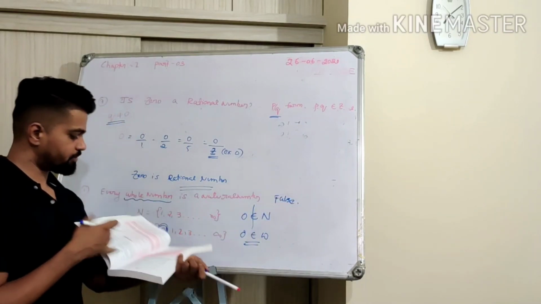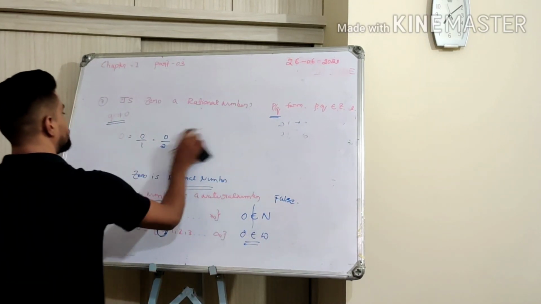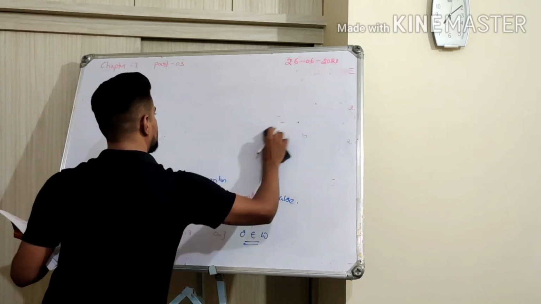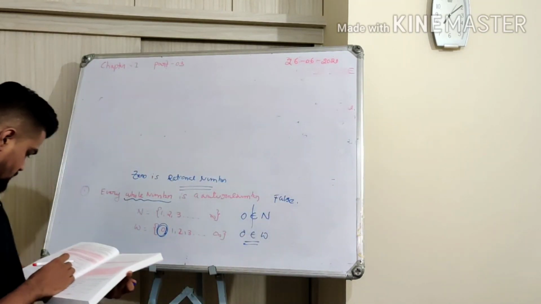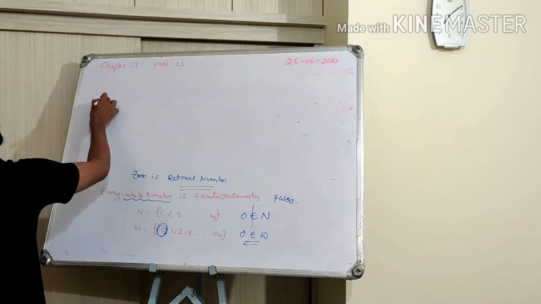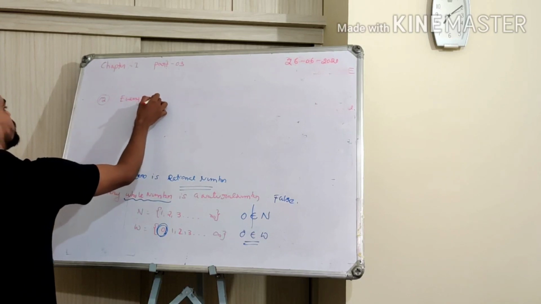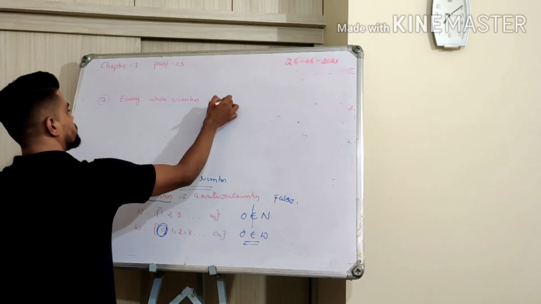Okay, next, another statement says like this: every whole number is a rational number. Every whole number is a rational number. This you can tell me, is it right or not?